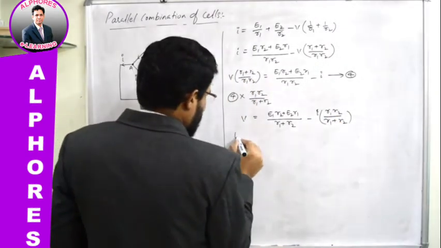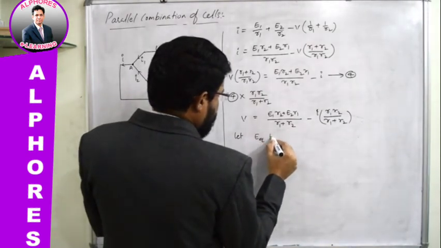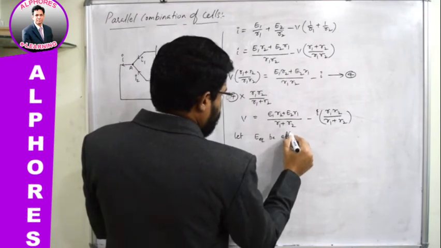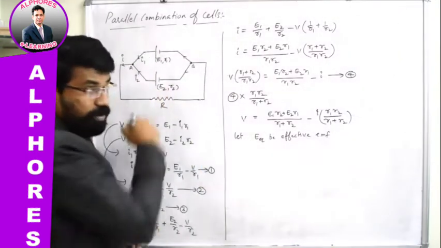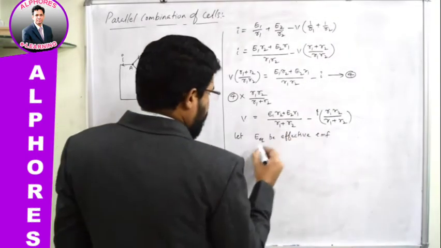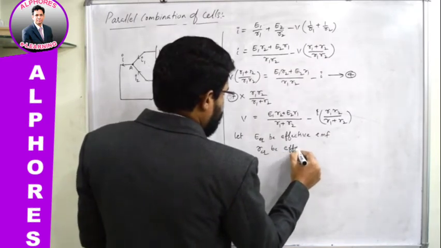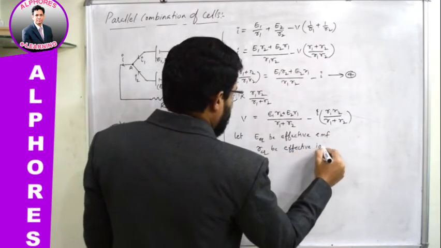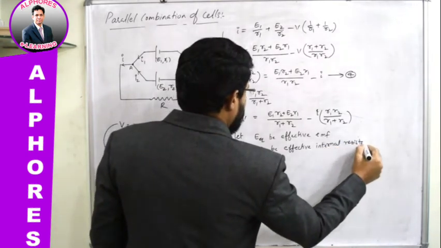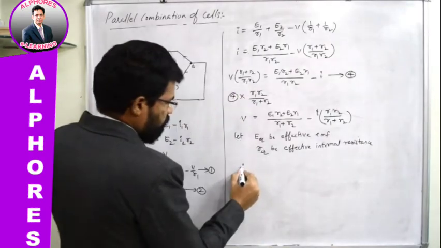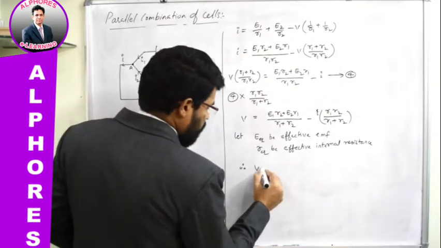I will assume, let E equivalent be the effective EMF of this circuit containing two cells in parallel combination, and R equivalent be the effective internal resistance. Therefore, the terminal potential difference between these 2 points, V, is what?